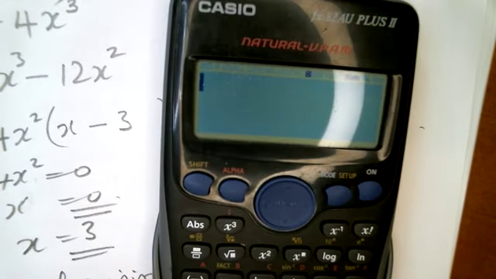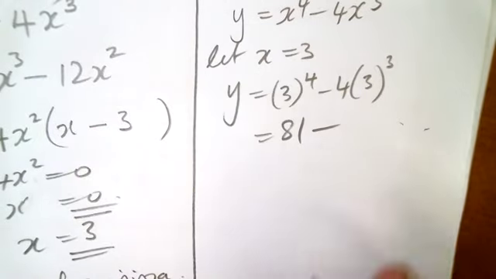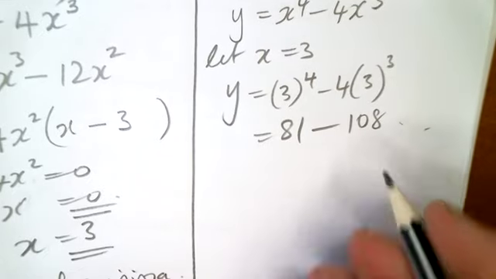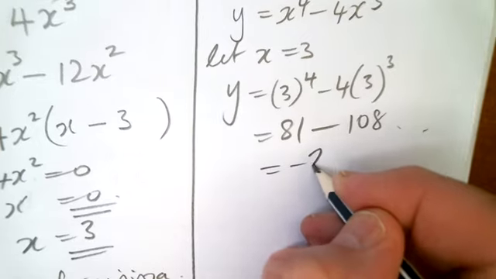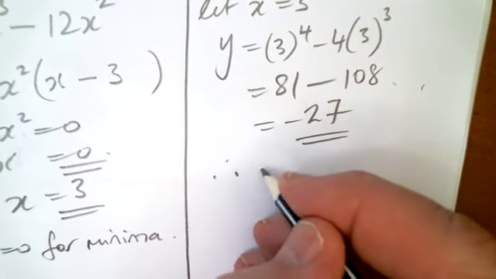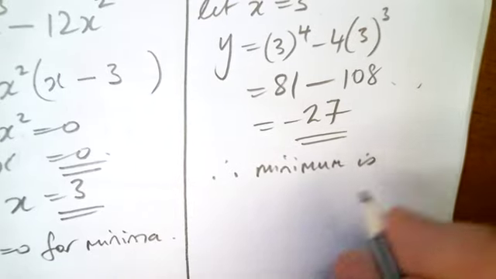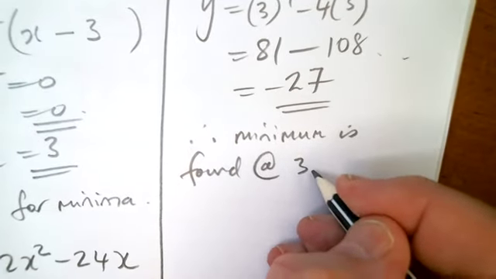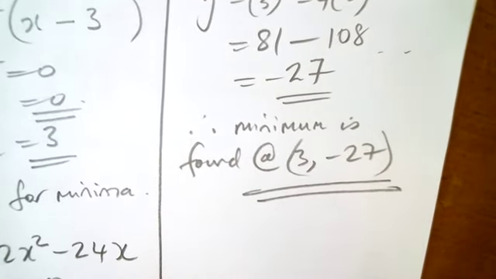So 4 times 27 is 108. So we've got 81 minus 108, which is going to equal negative 27. So therefore, the minimum is found at 3, negative 27. And there is the point.